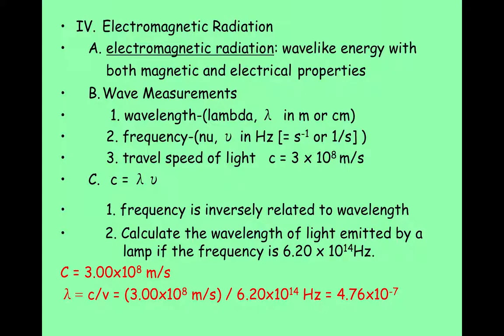You might be thinking we made a mistake, but you have to look at the numbers. 3 divided by 6 is going to be less than 1, so that is going to shift my answer. It should have been something to the negative 6th, but through the math, we're going to move over a decimal place. The only reason I say that is, let's say your answer was 4.76 times 10 to the positive 7th.